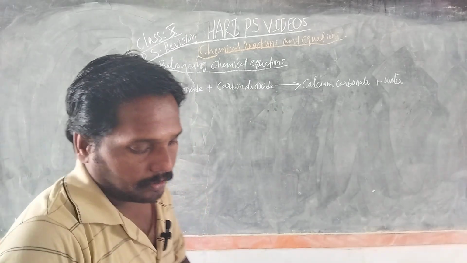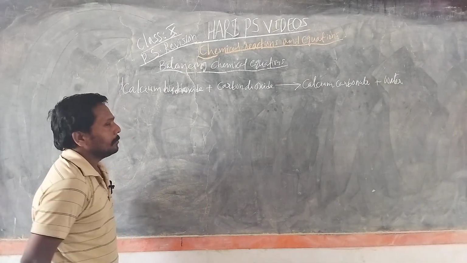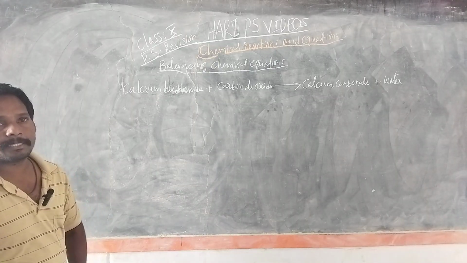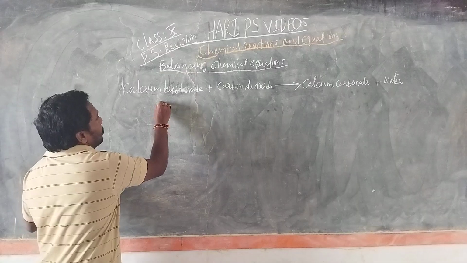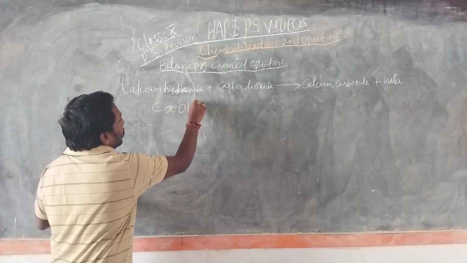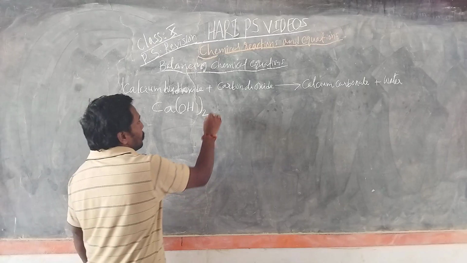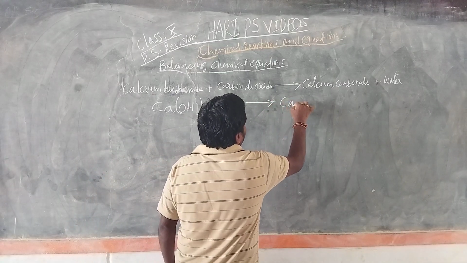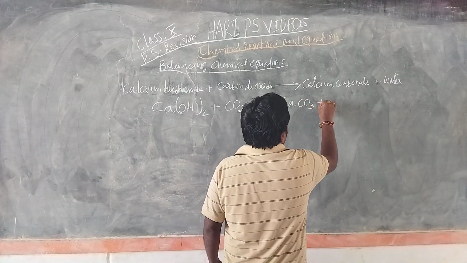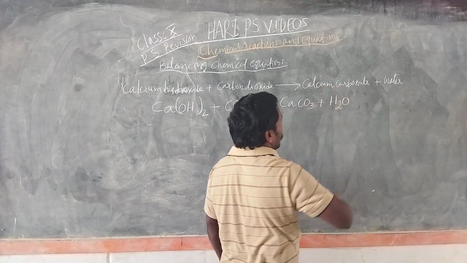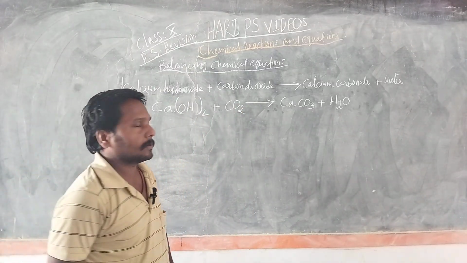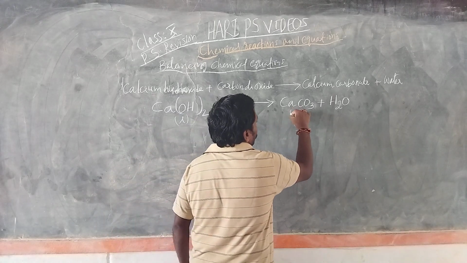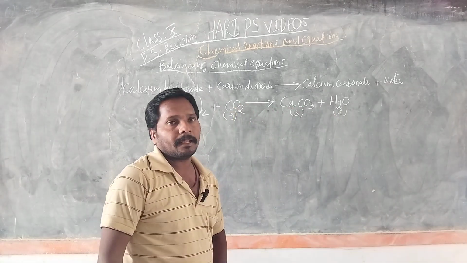Then write the unbalanced chemical equation using their respective formulas: Ca(OH)2 plus CO2 gives rise to CaCO3 plus H2O. Calcium hydroxide is a solid, carbon dioxide is a gas, calcium carbonate is a solid, and water is a liquid.